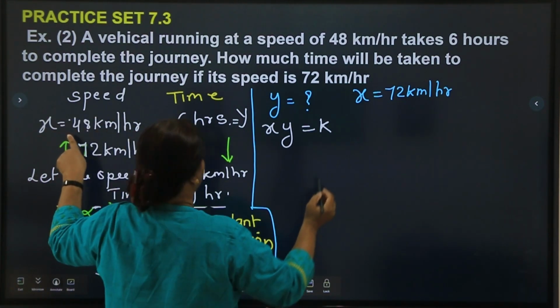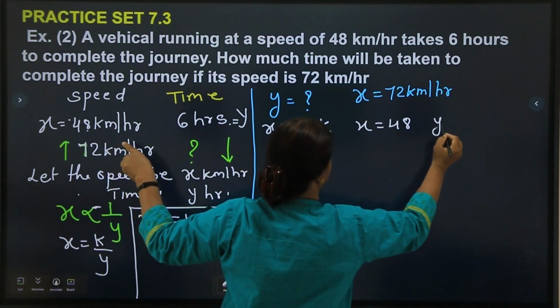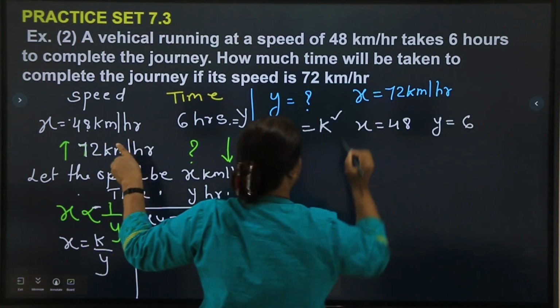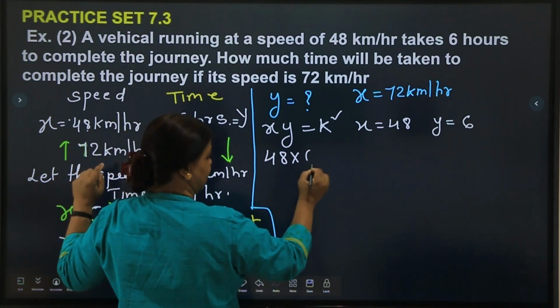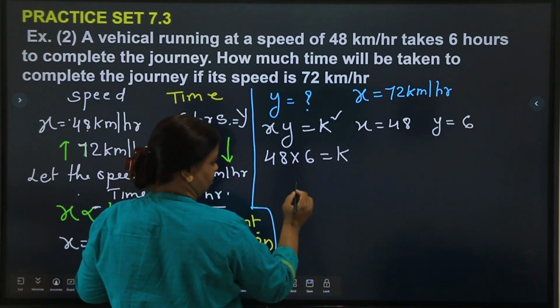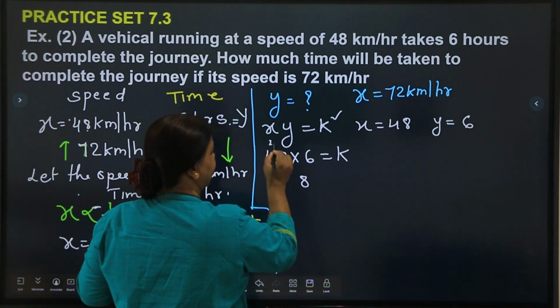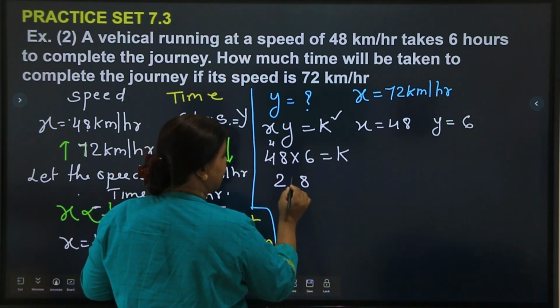So x is equal to 48, y is equal to 6, we will get the value of k. Place the value: 48 into 6 is equal to k. 6 8s are 48, 4 carry. 6 4s are 24 plus 4, 28.